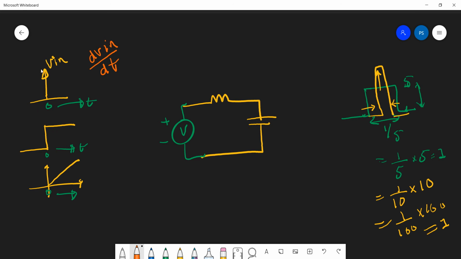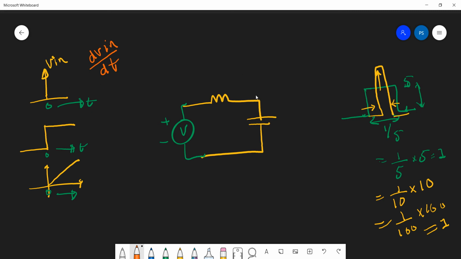Because there is a change in value. Let's not get into the absolute value, just think of the differentiation as: is there a change in the signal? Yes, there is a change. There is infinite change in 0 time, so it is a very large value here, correct?